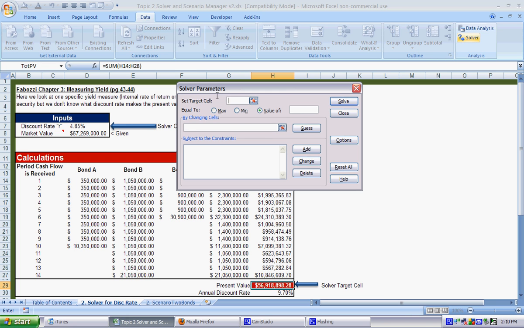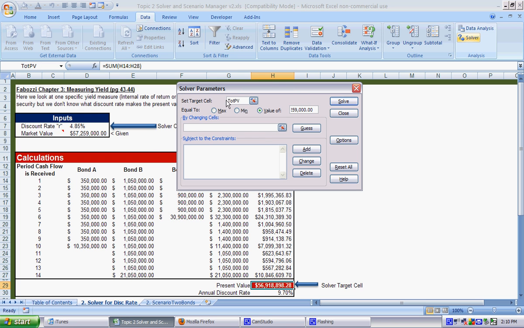Set the target cell, present value, equal to a value, which is the actual market value. The downfall of Solver is that for this part you can't click a cell, so you have to type it in by hand, and it is the only place really where you can mess up. So just be careful every time you do that.